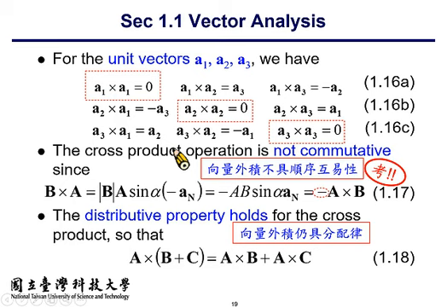And as a result, if you take the cross product of the unit vectors in a reference coordinate system, you find that A1 cross A1, the cross product of a vector with itself, becomes 0. And the cross product of two different reference directions has magnitude 1, but you need to be aware of the order.